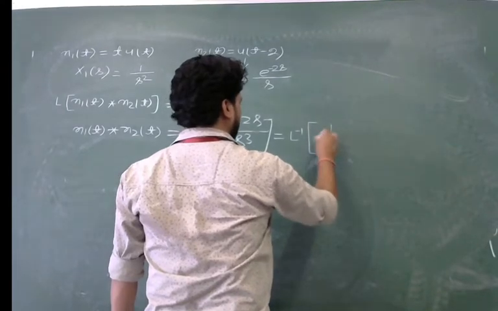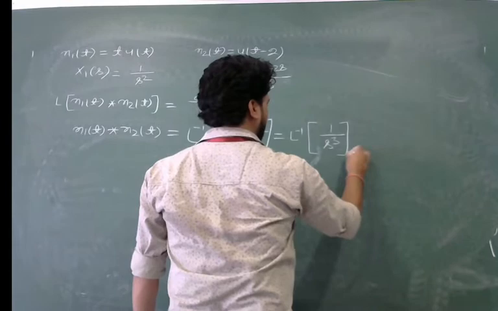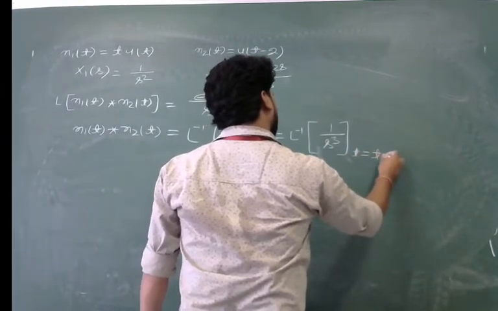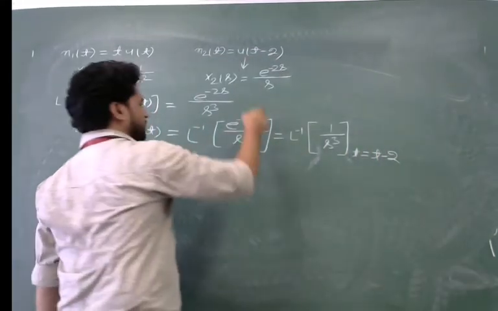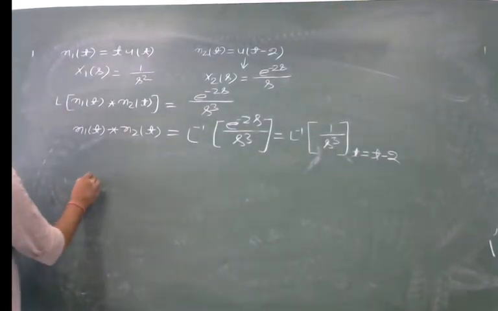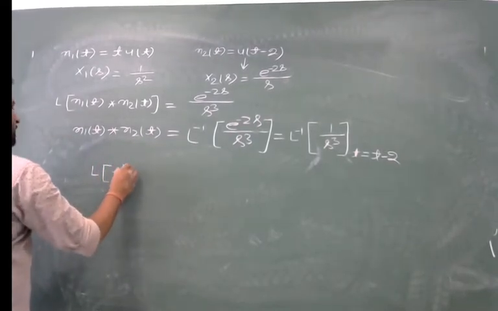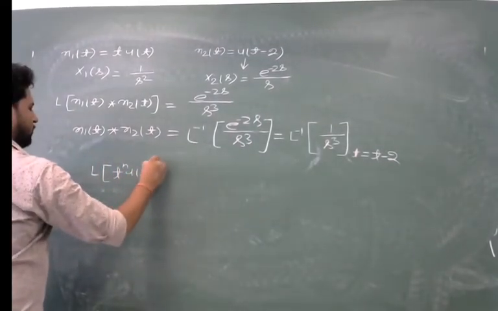So this will become the inverse Laplace of 1 upon s cube, where t will be equal to t minus 2, because e minus 2s is multiplied here. So we know that the Laplace transform of t power n u(t) is a very important relation.